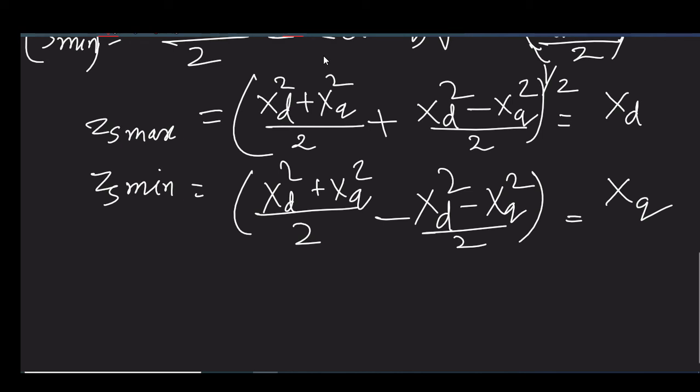And if you think about a cylindrical rotor machine, then obviously xt is equal to xq, and that makes sense. So if you are thinking about an average value of such a thing, then you will get kind of like, why I just derived this there.